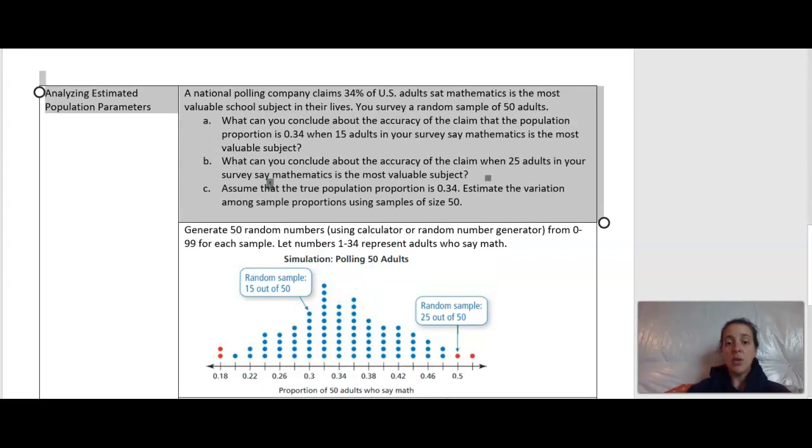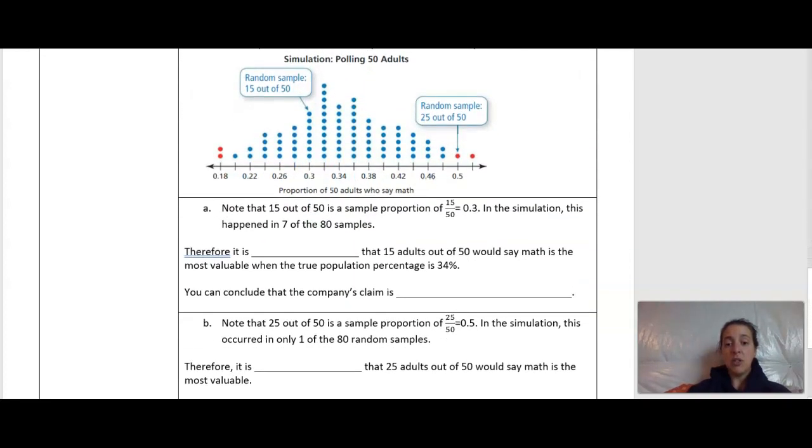Okay, so that's why we're looking at these numbers from 0 to 34. So in my sample, that's where I got all of these values from, that random generator, laying them out, 50 different numbers.